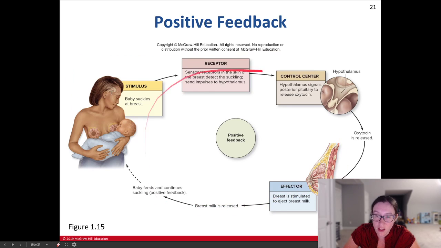This is going to keep going until the breast is empty or the infant is full and stops suckling. And then that's going to go back to homeostasis. And then we'll have prolactin, which is another hormone that's going to cause more breast milk to be made, and the baby can eat again later.